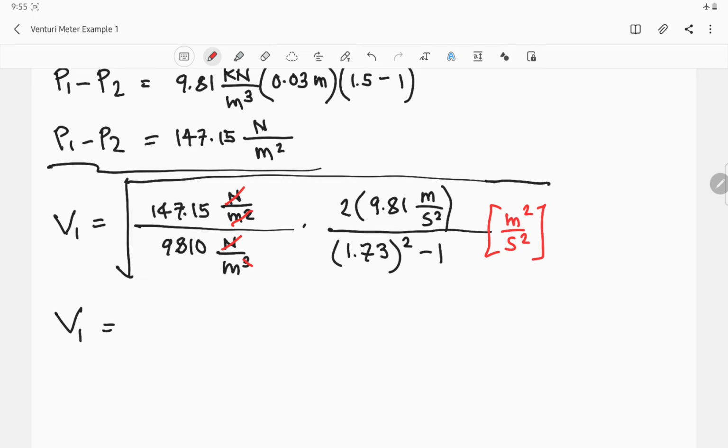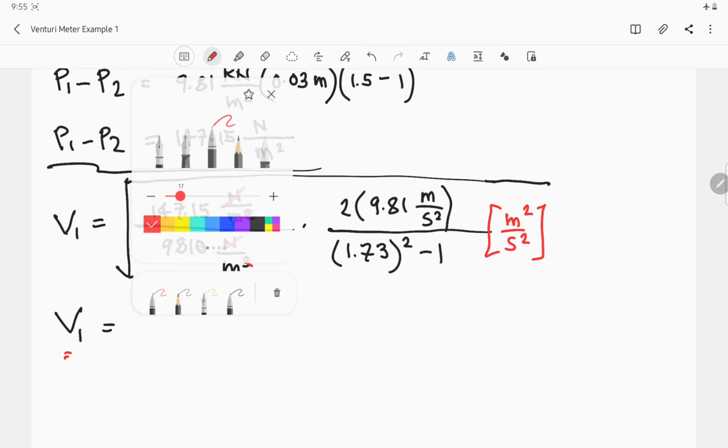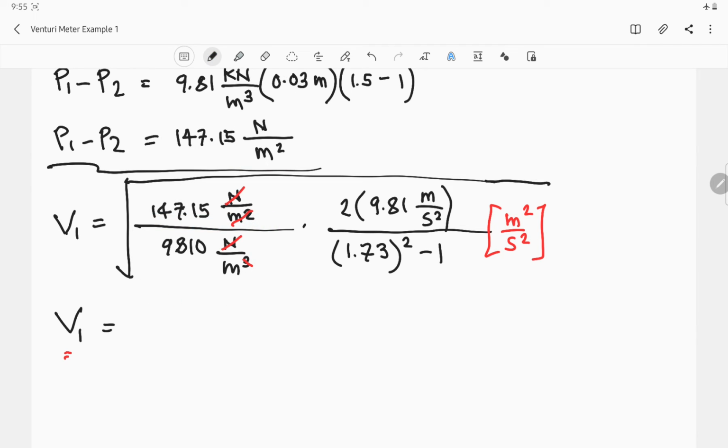But since we take the square root of this one, that's meters per second, which is the unit of velocity.